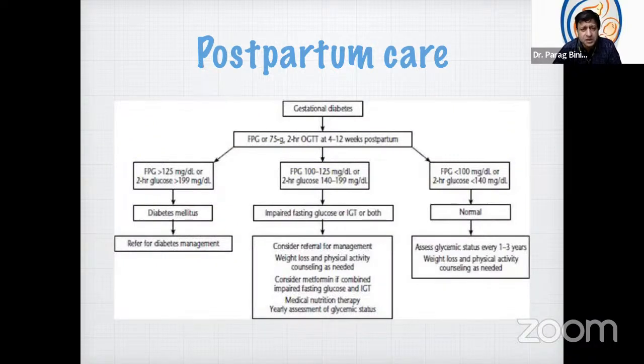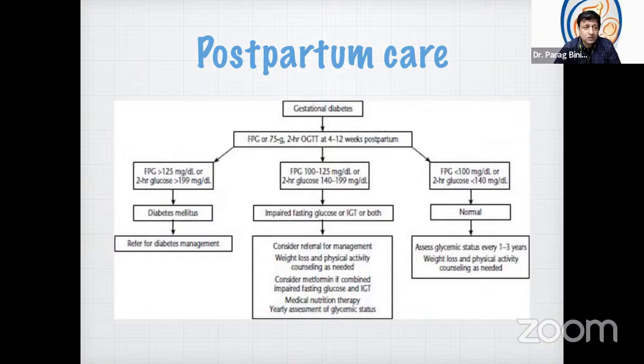So once we repeat an OGTT between 4 to 12 postpartum weeks, if the levels are normal, we have to assess the glycemic status every 1 to 3 years, make sure that she loses the weight which she has put on during pregnancy, and physical activity counseling has to be followed as needed.